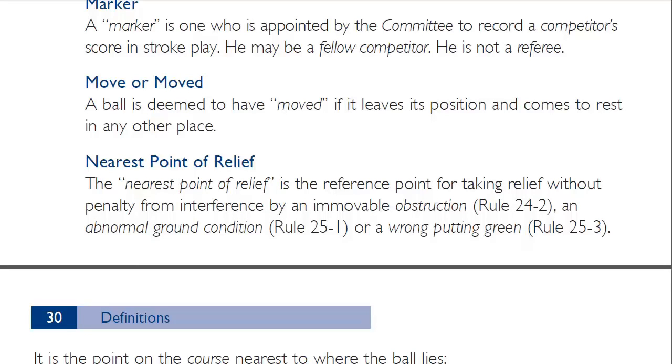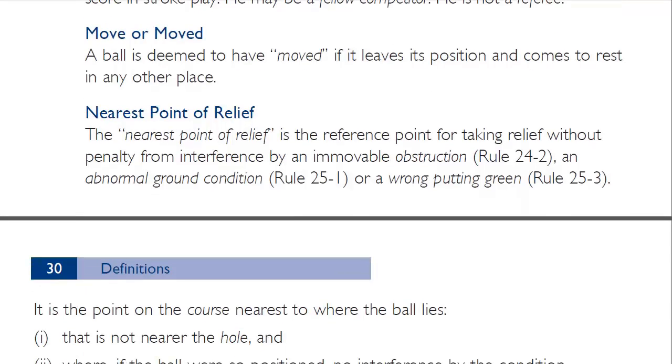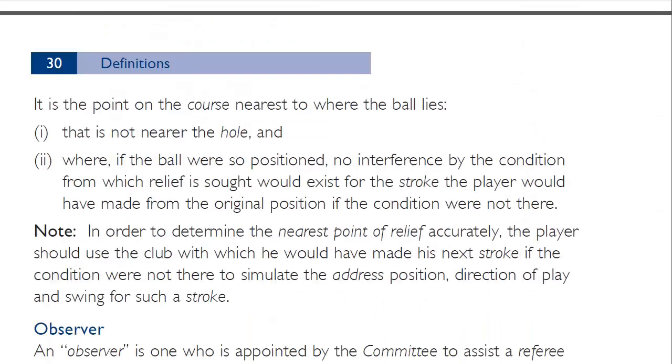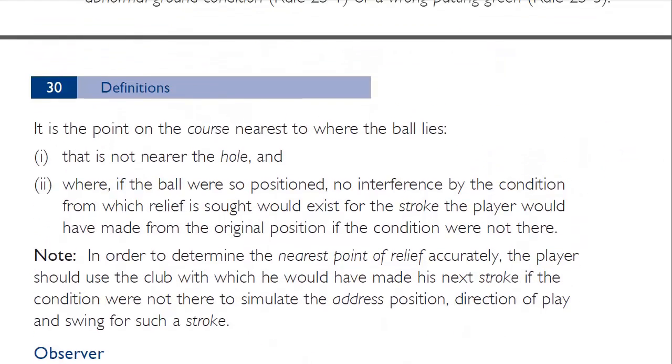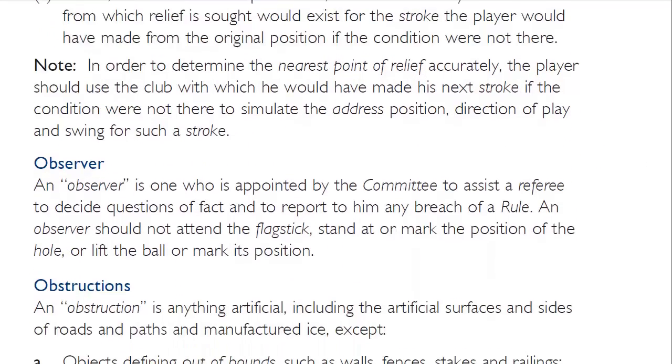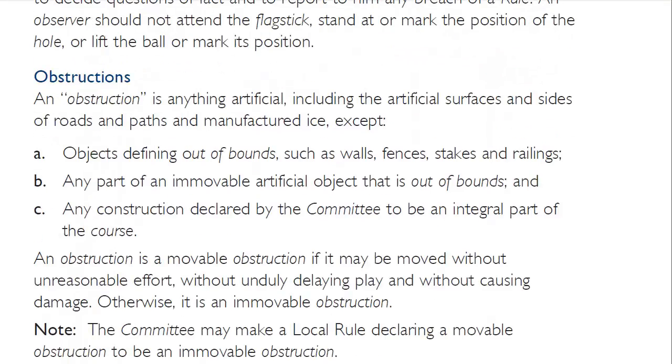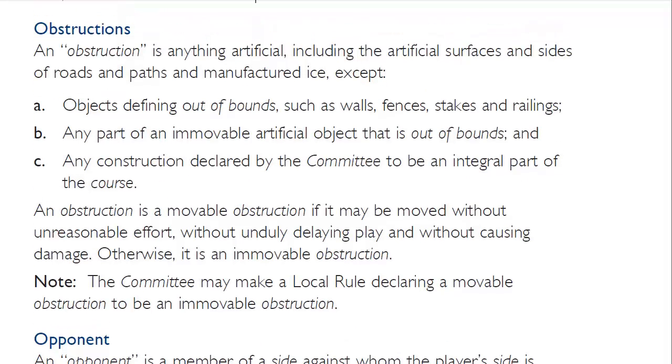Okay, more terms. Moved is move or moved. Nearest point of relief. We'll talk about that in some detail in some of the videos that we'll be watching. Observers are defined. Obstructions. An obstruction is anything artificial, including artificial surfaces, sides of roads and paths, and manufactured ice. So obstructions are basically items that are man-made on the golf course.